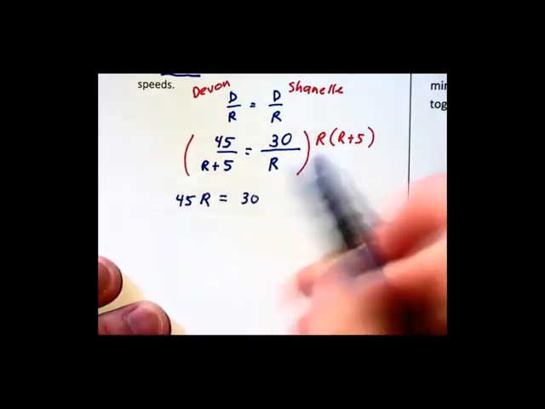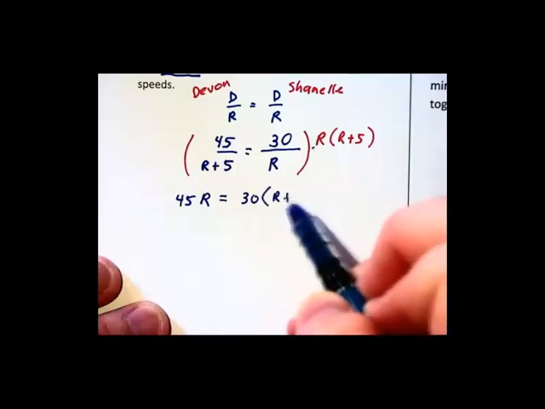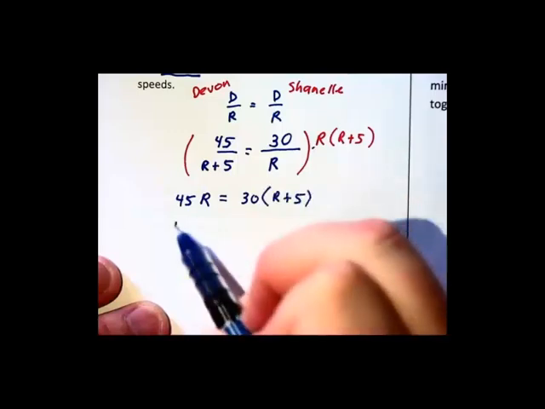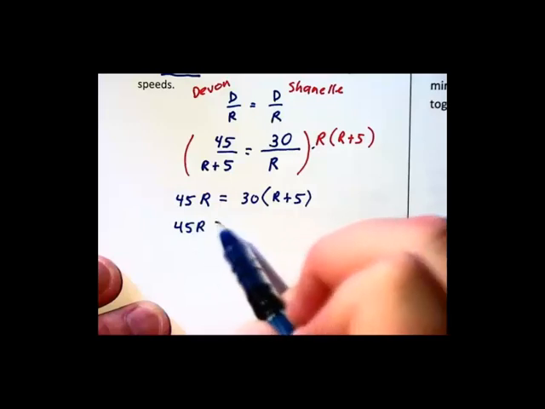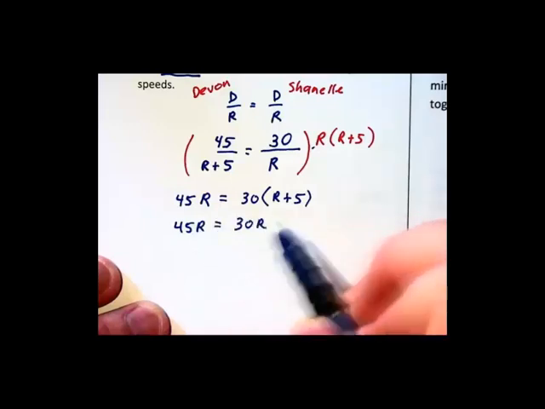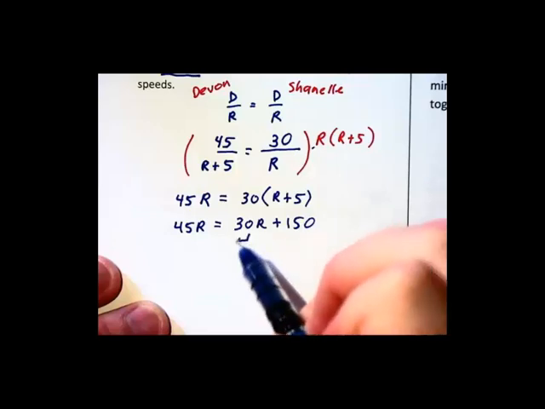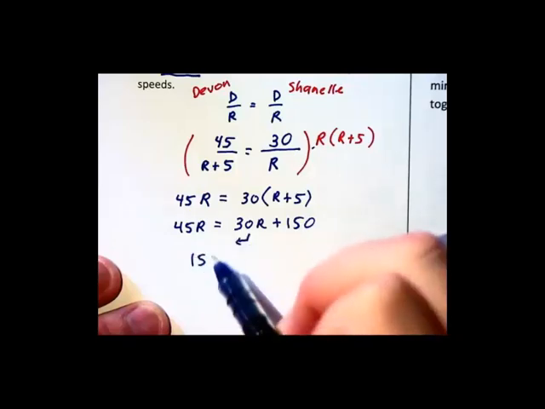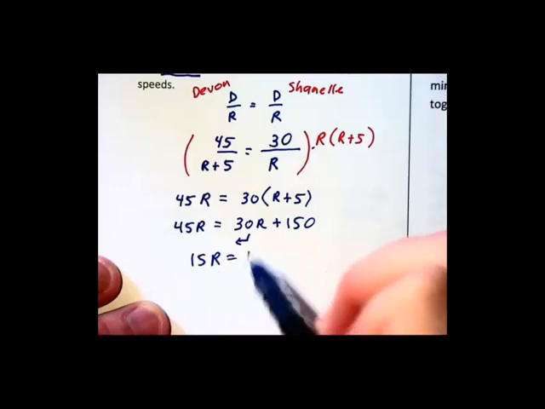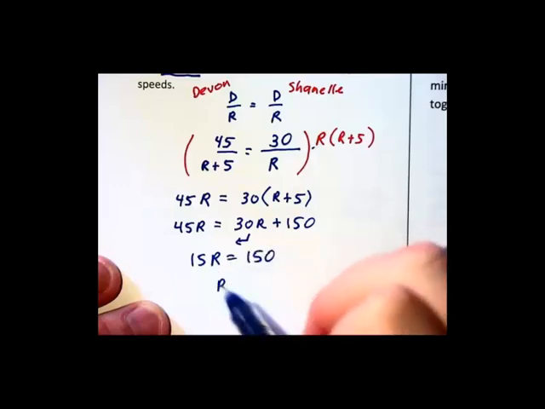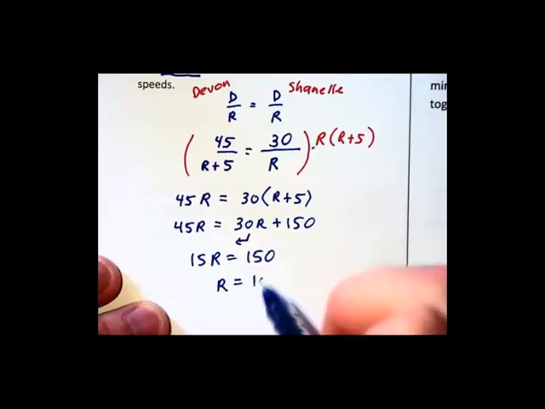After the r's cancel, it gets multiplied by r plus 5. So we've got 45r equals 30r plus 150 after we distribute. Subtracting that 30r to the left, we have 15r is equal to 150, and r turns out to be 10 kilometers per hour.